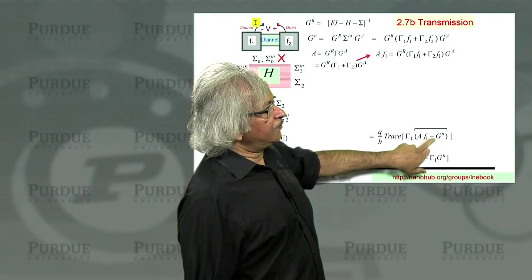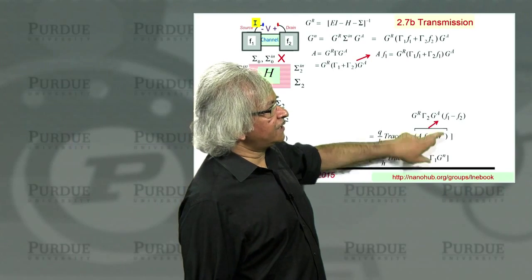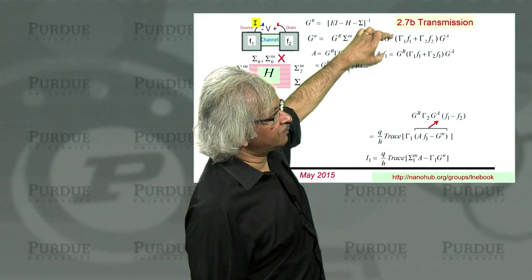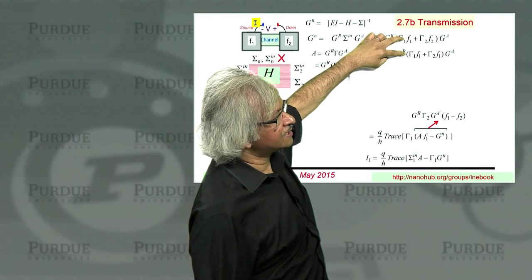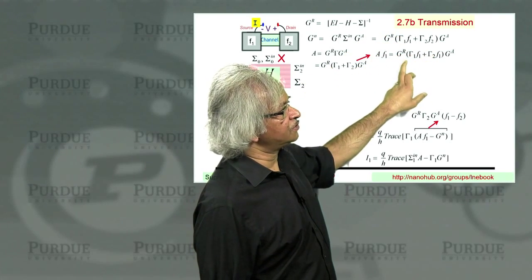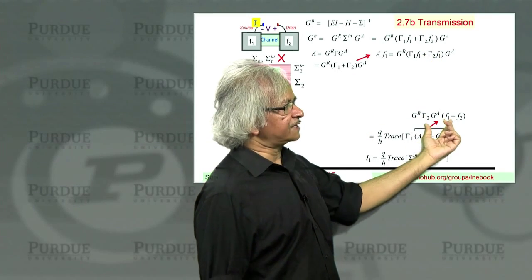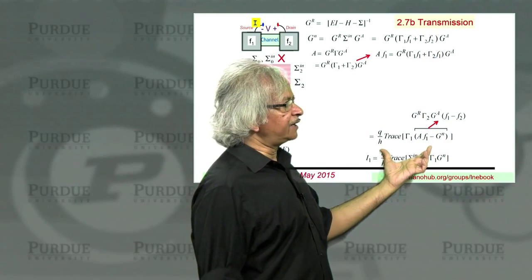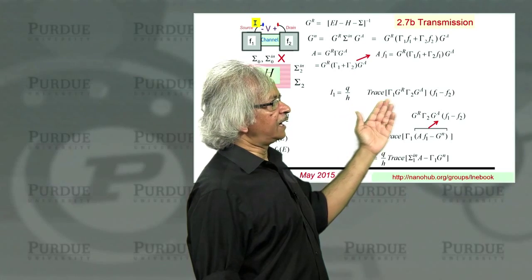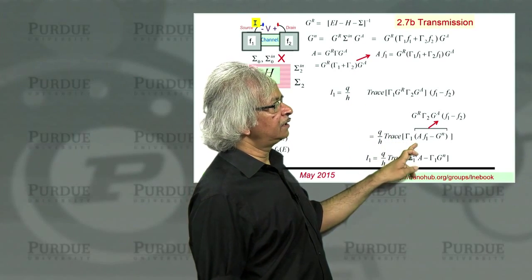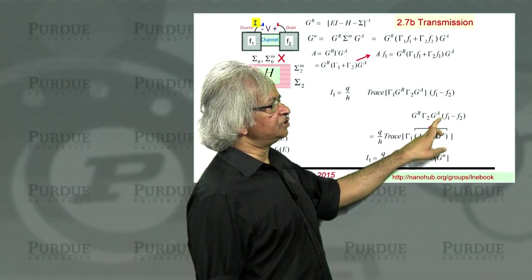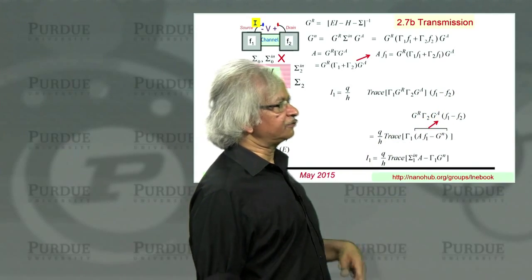What we need is the difference between the two. So when we subtract this from this, you'll notice the first term cancels out, and the second term gives you Gr gamma 2 Ga times F1 minus F2. That's this. So now you can write the expression for current as trace of gamma 1 Gr gamma 2 Ga times F1 minus F2.